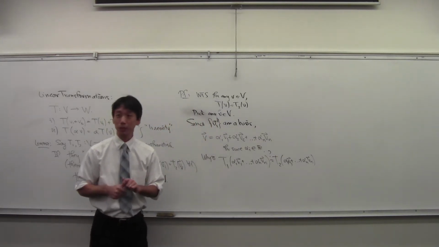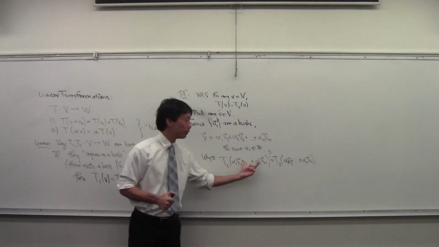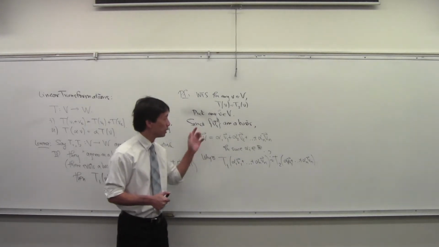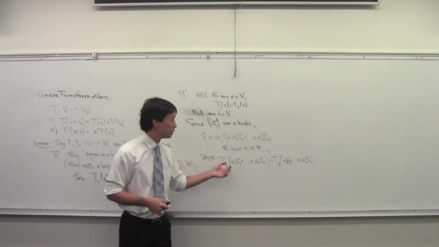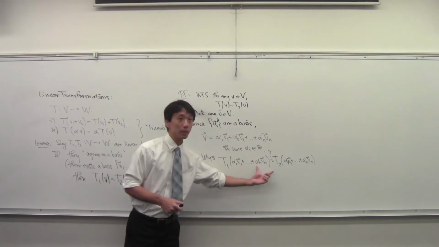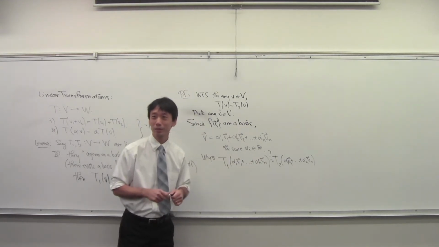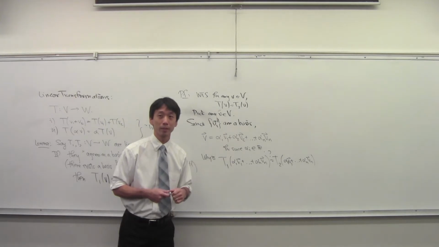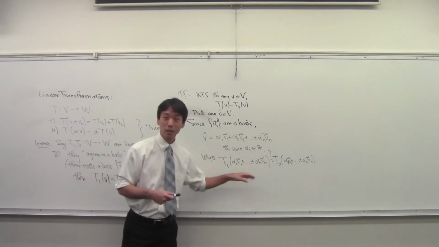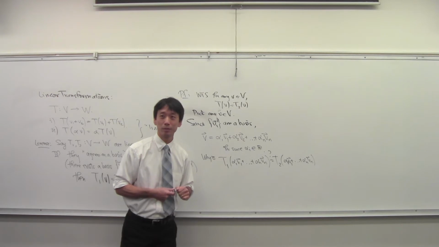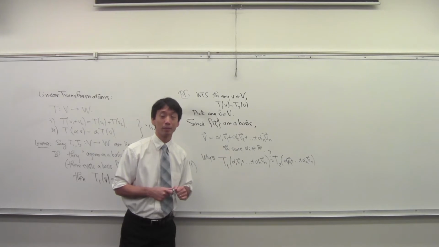That's what you want to show, right? That T1 of V equals T2 of V. So you said it's a linear combination of these guys. Well, why should these things be equal? Anybody see it? Stella? So if you apply T1 to every vector in the sum, uh-huh, you get alpha T1 of V1 plus alpha T1 of V2, which is equal to the T2 version.